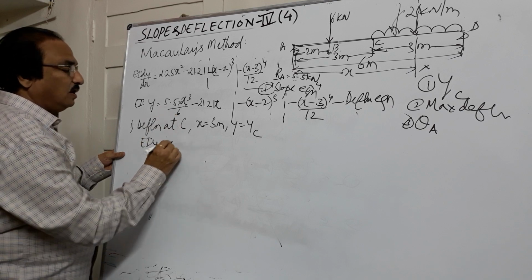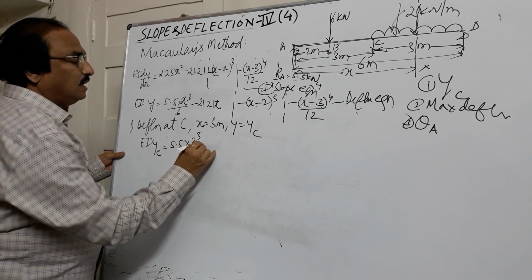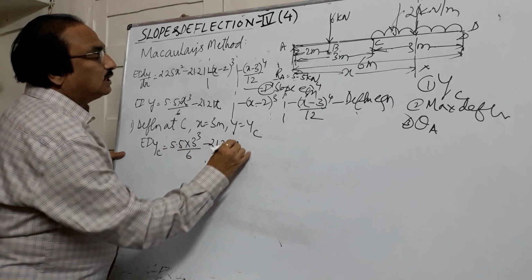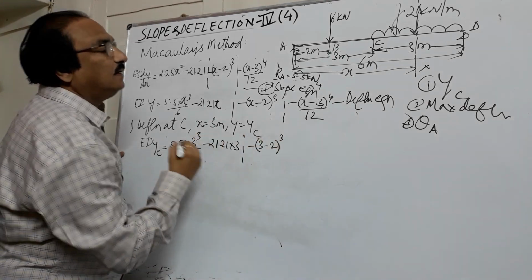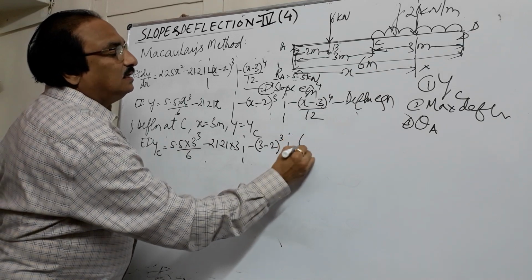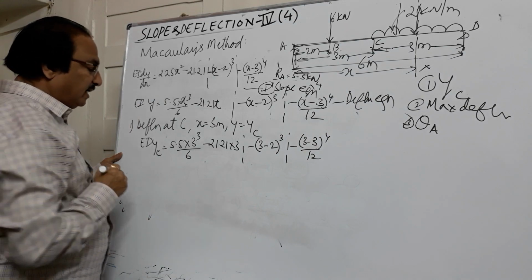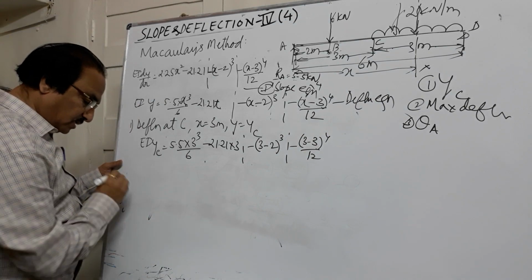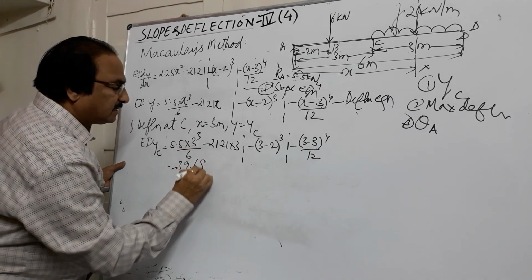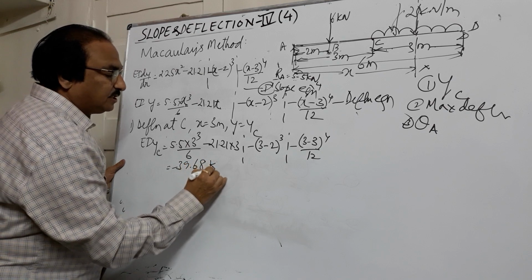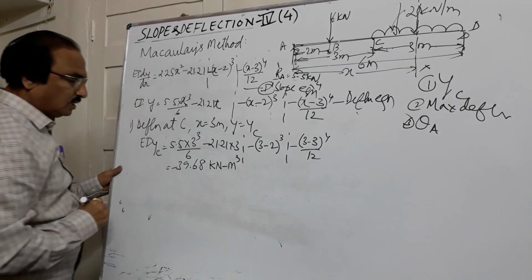EI yc is equal to 5.5 into 3 cube divided by 6 minus 21.21 into 3 minus 3 minus 2 raised to 3 minus 3 minus 3 raised to 4 by 12. So this last term will become 0. If you simplify, you get this value as minus 39.68, and the unit will be kilonewton meter cube.